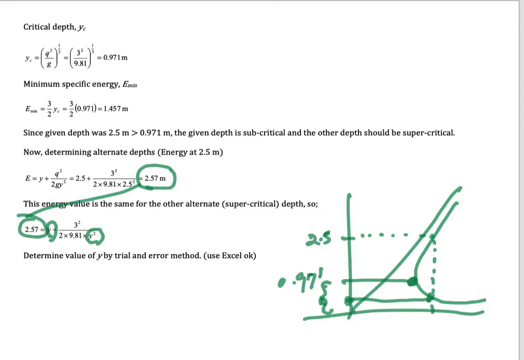Okay, sometimes students make a silly mistake. They do the trial and error method, and then the final answer is 2.5. You will get the same value of energy if you substitute 2.5 meter, because this is the point here.